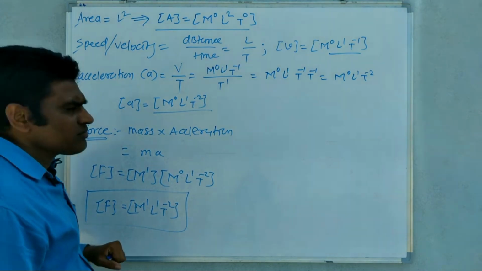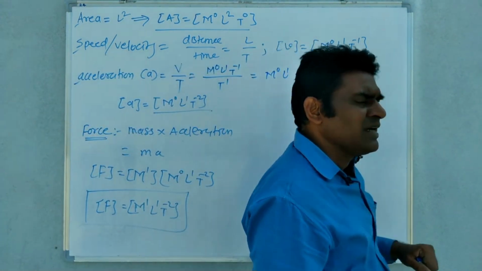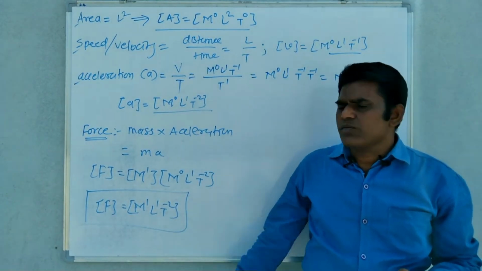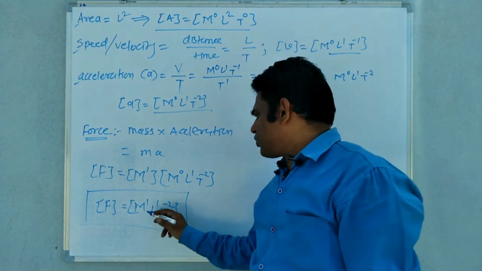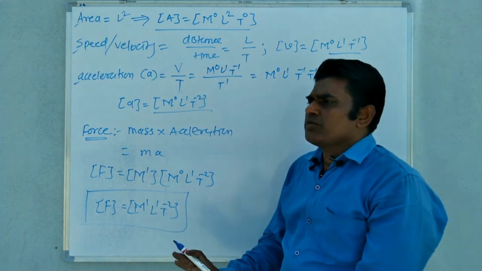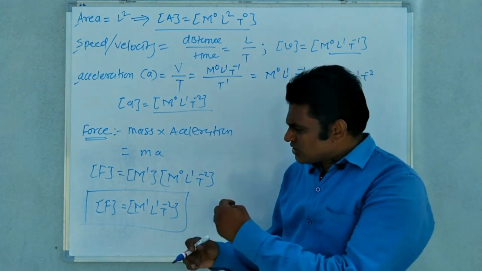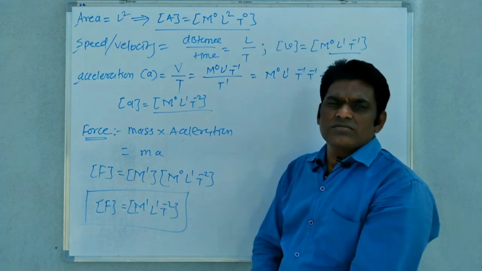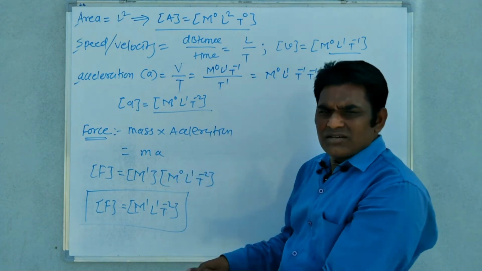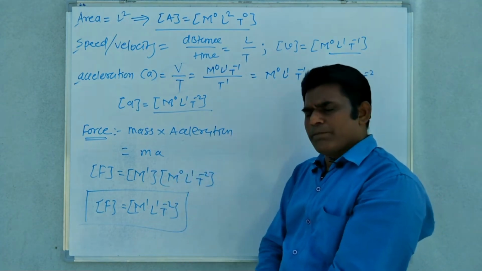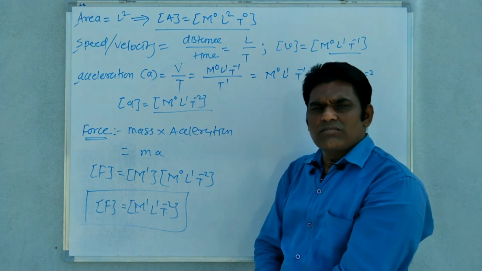Clear? You should remember this, m1 L1 t to the power minus 2, because force comes up many times. Otherwise you can calculate it, but that will consume time, so better to remember it.